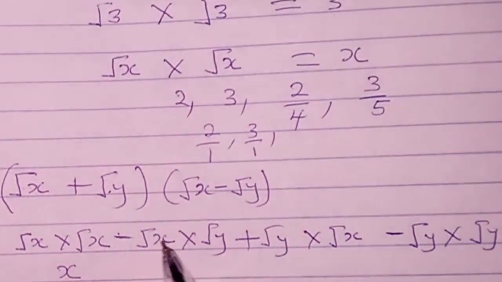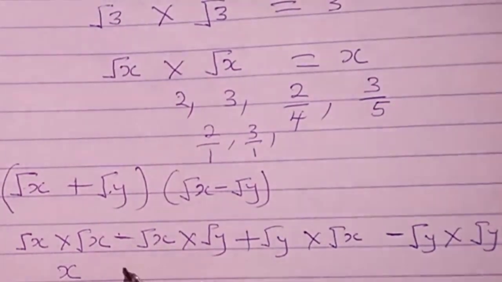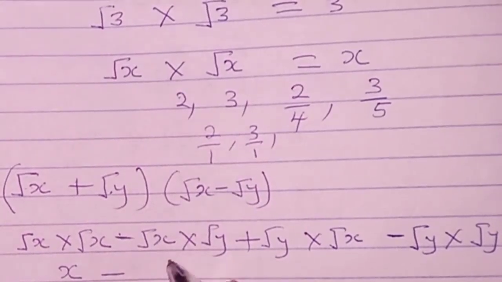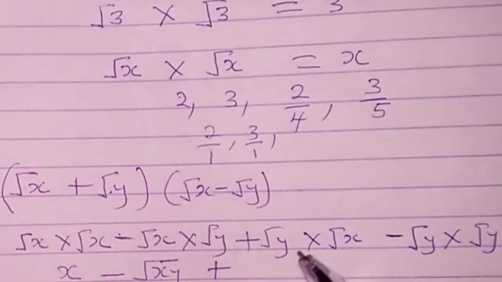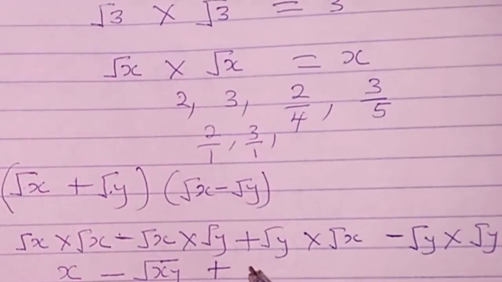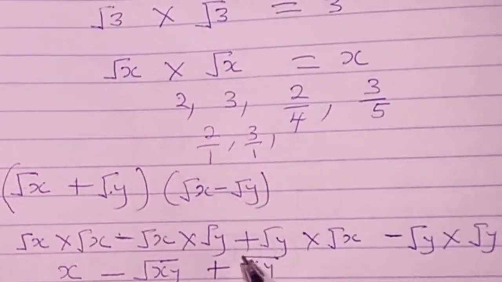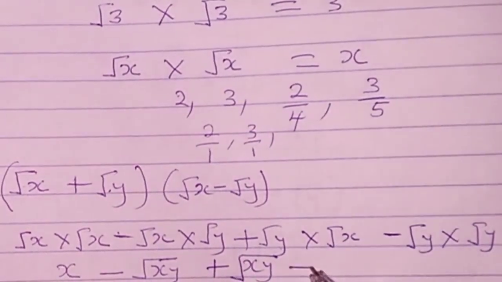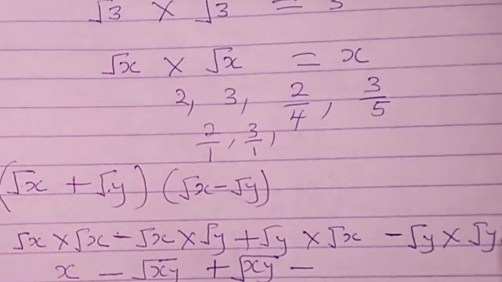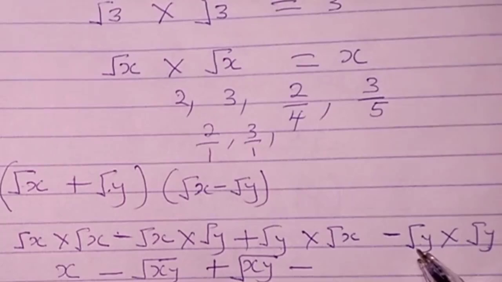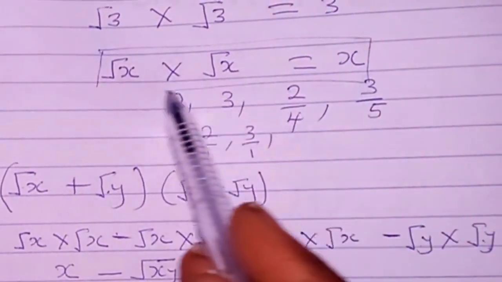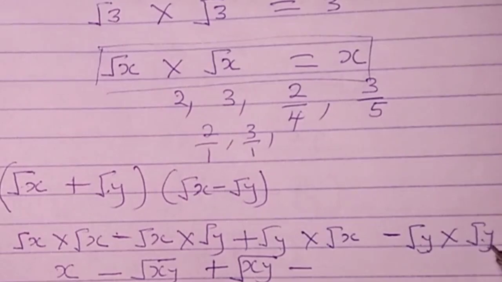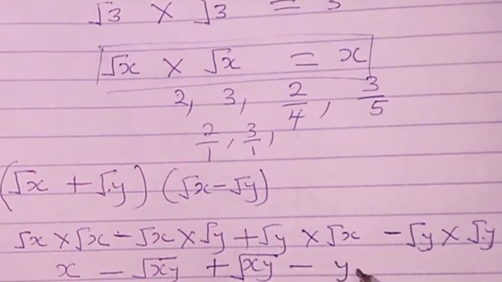Here we have minus root x times root y, which is the same thing as minus root xy. We have our plus; now root y times root x is giving us root xy still. Then we have minus root y times root y. Applying this same rule, root y times root y will give us y.